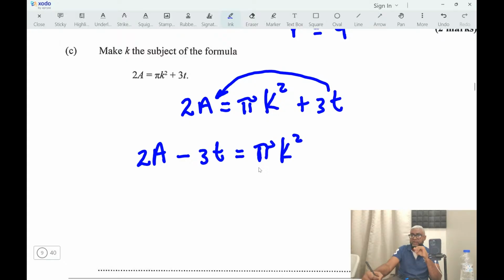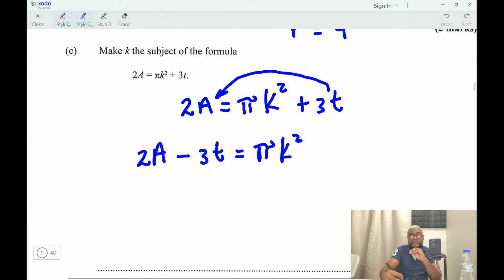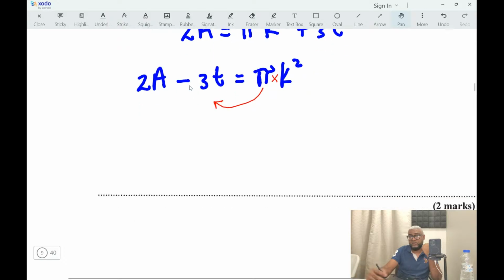Fun fact, in order to access that k, you need to get rid of that pi. What is understood between pi and k squared would actually be a multiplication sign. The opposite of multiplication is division. So you're going to divide that pi on the left, and you're going to divide it by everything that is already on the left.